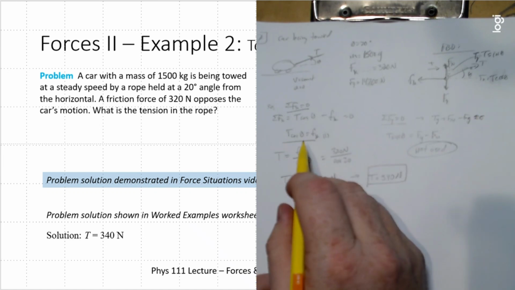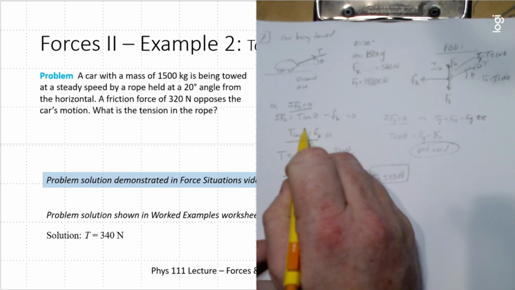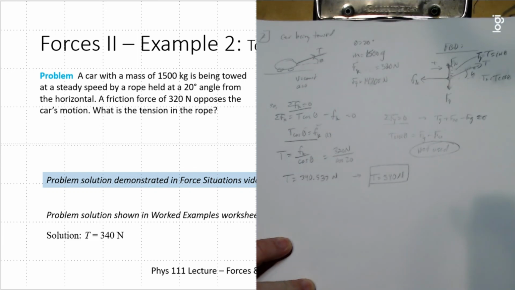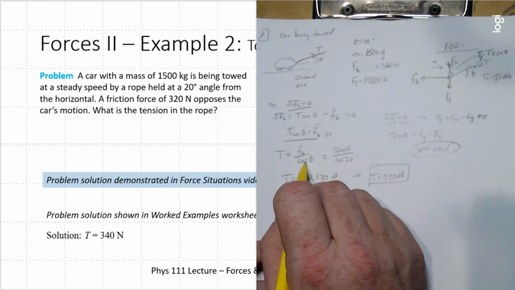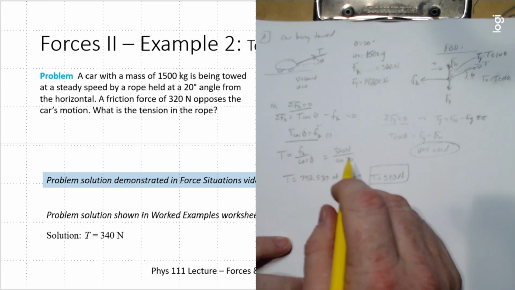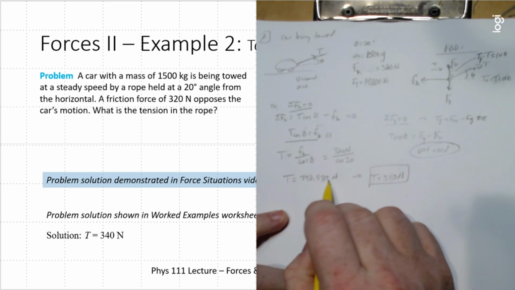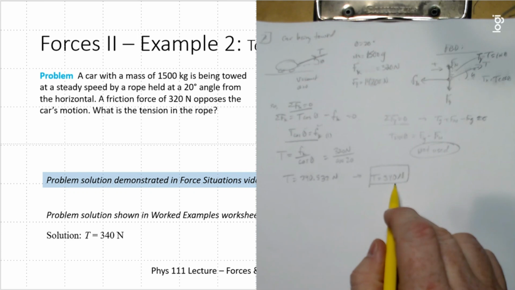However, let's take a look at this over here. The question says, what is the tension in the rope? You'll notice that we know the angle, and we know the kinetic friction in total, and so we can substitute in those values, rearrange to solve for T, and run the numbers, and Bob's your uncle, 340.537 newtons, or a tension of 340 newtons once you round.